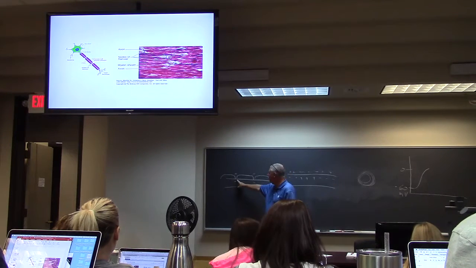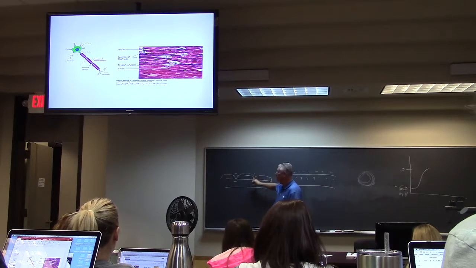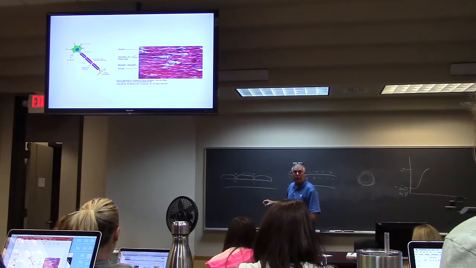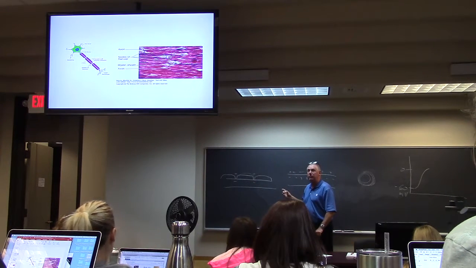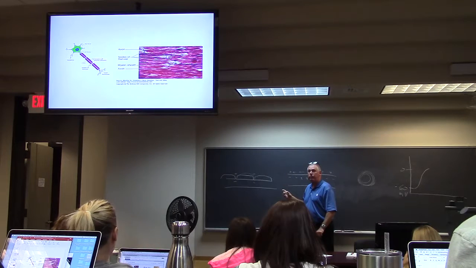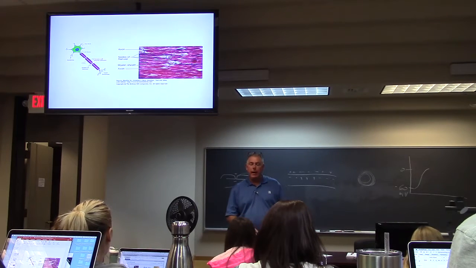So instead of traveling down the membrane, it jumps over from node to node. And it speeds up the transmission of an action potential. And that's, in a nutshell, what saltatory conduction is. It speeds up an action potential.